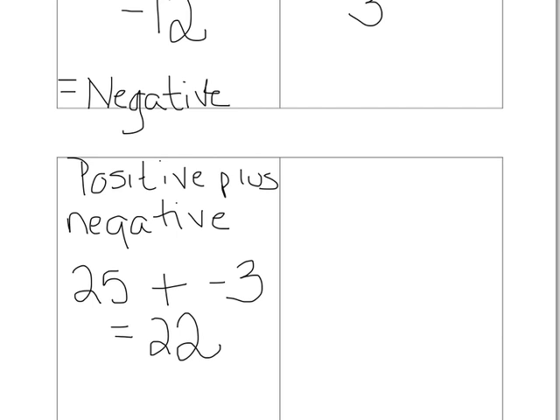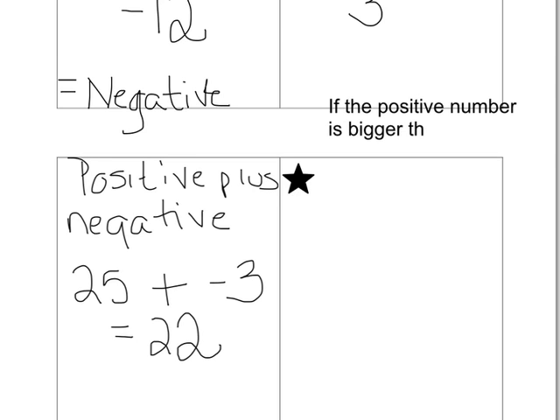So I'm just going to write a couple of rules over here for that to help you out. I'm going to type them just because it'll be easier for me. If the positive number is bigger than the negative number, your answer will be positive.